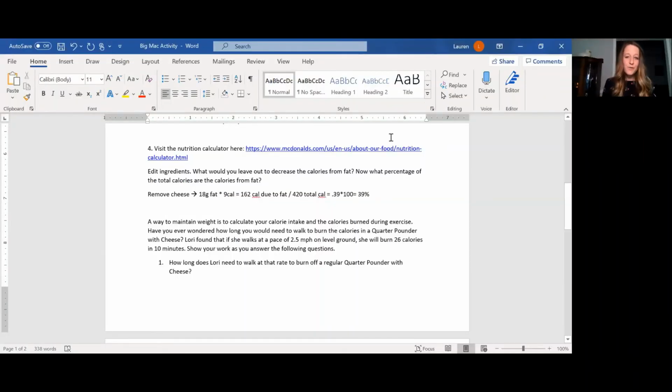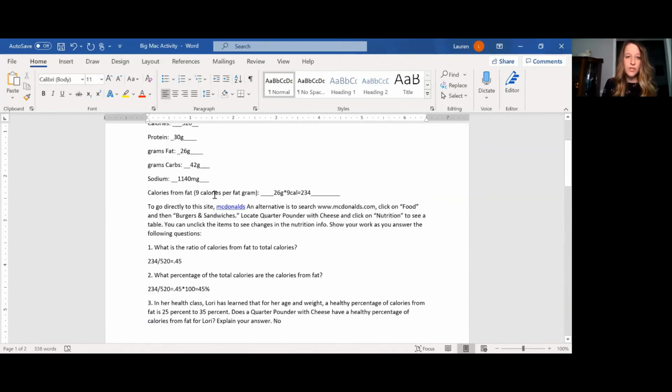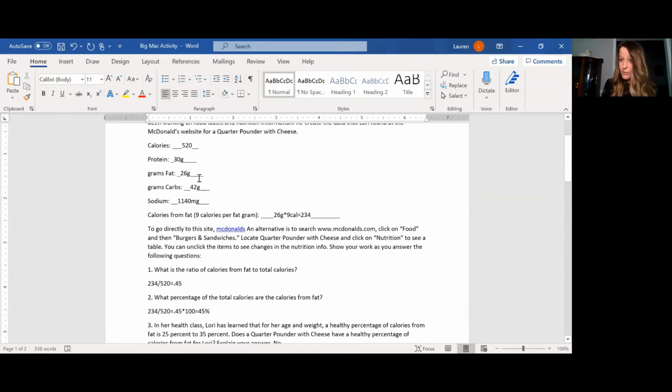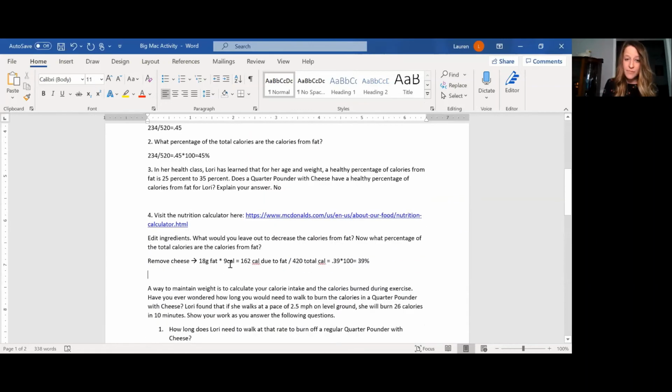Okay, and so for our question 4, I have just typed in what we discussed. So I decided to remove the cheese. That produced 18 grams of fat as opposed to the 26 grams of fat that we had originally. I multiplied that by 9 calories per gram of fat to give us 162 calories due to fat.